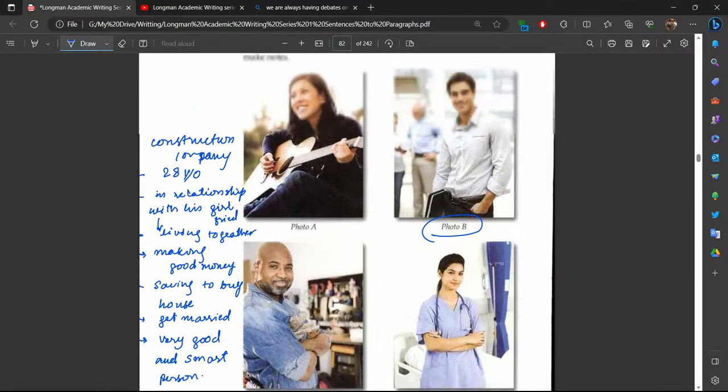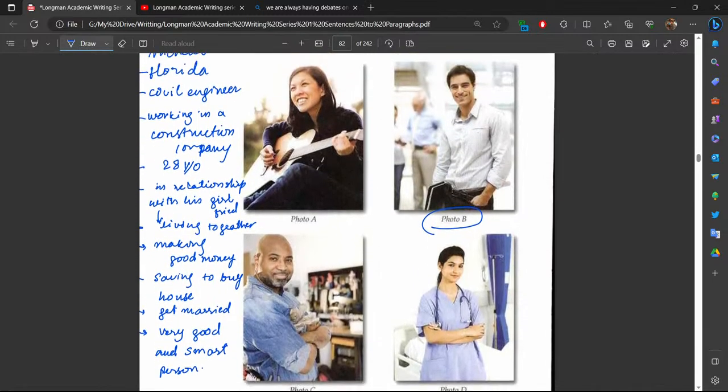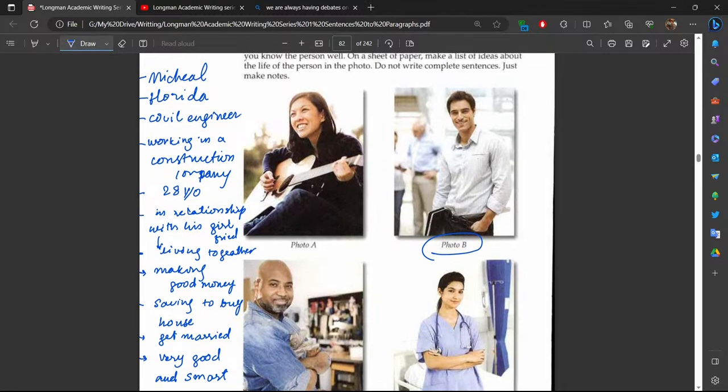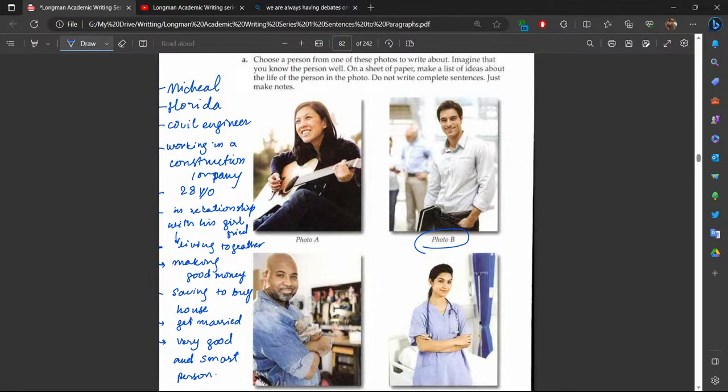So these are my ideas for this person that I'm trying to write about. So I'm not going to write the paragraph as well. This is the first step.